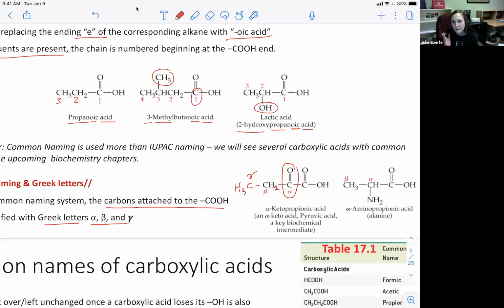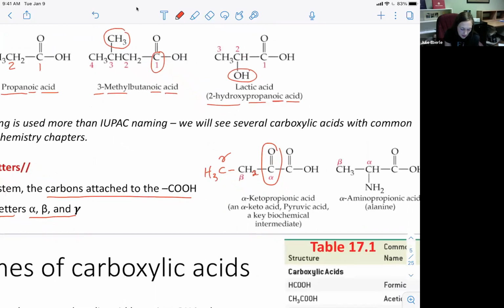So the only reason I'm introducing this is because it's part of the common naming system. And as you see, the common name for this is alpha keto propanoic acid. And you might be wondering, what's the alpha? Okay, the alpha just means they're identifying that the carbonyl group here, this one's a little bit of a weird one because you also have this whole carboxyl group here. So this is a very weird molecule.